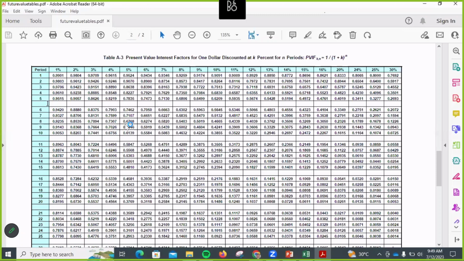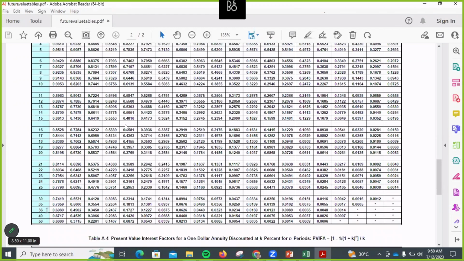In the period column, you can observe the number of years, 1, 2, 3, 4, 5, 6, 7, going up to 20, 21, 25. Serially, it goes on. After 25, 30, 35, 36, 40, 50, up to 40 is given.